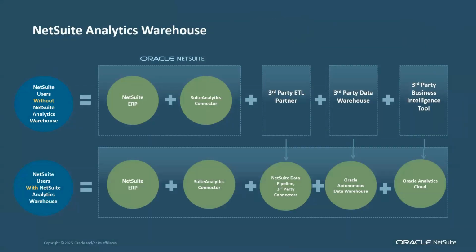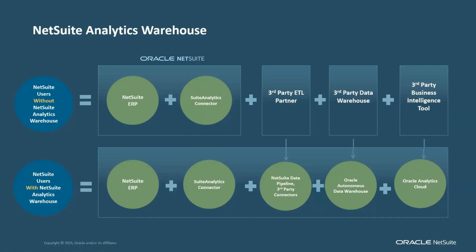Here I'd like to show you a representation of NetSuite users without NetSuite Analytic Warehouse and NetSuite users with NetSuite Analytic Warehouse. Up here at the top, typically, you've got your NetSuite ERP system, and you can purchase what's called the SuiteAnalytics Connect.